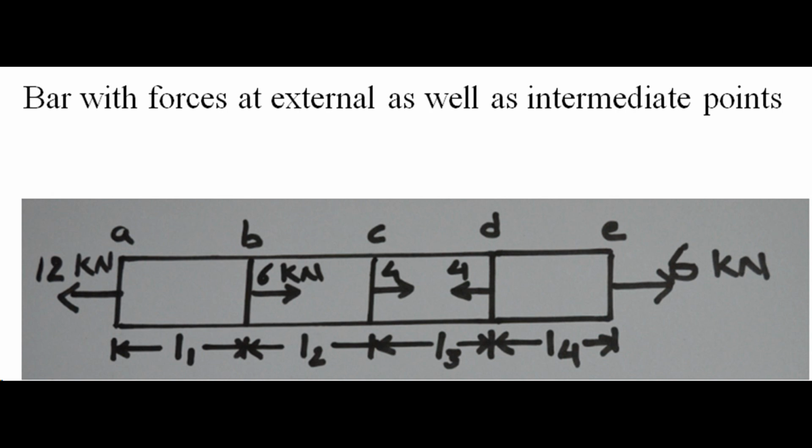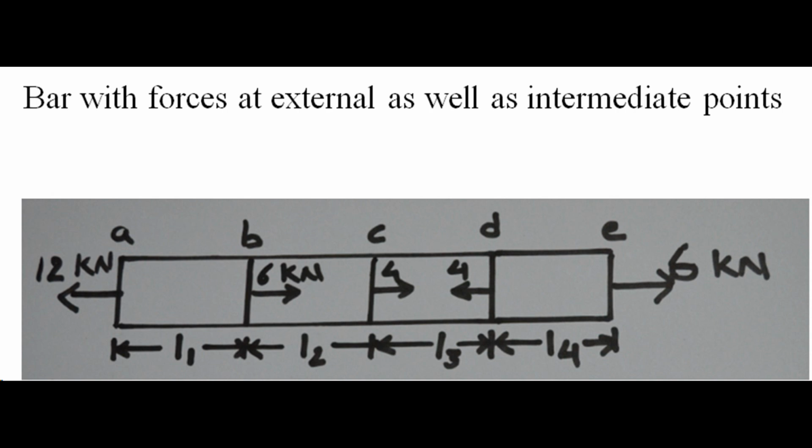Here we are considering a bar AE of uniform cross section which is divided into a number of sections. You can see this bar is divided into sections AB, BC, CD and DE, and you can see a number of forces at the external ends as well as at the internal points.